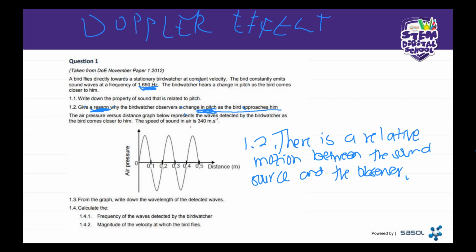It depends on what the scenario states, but there has to be one or both of them in motion for the Doppler effect to take place, for a pitch to change, for a change in frequency to be observed. Okay.